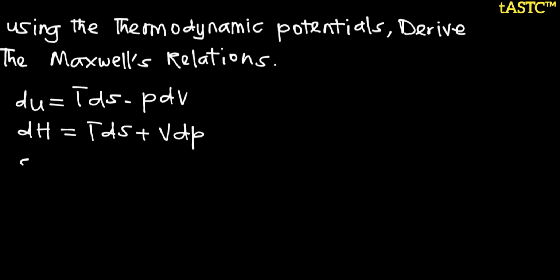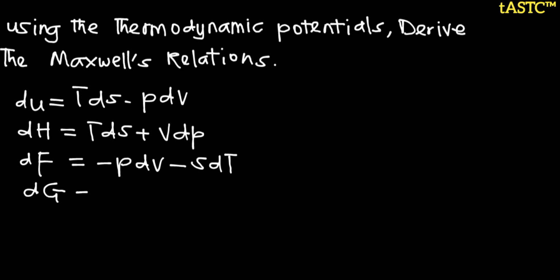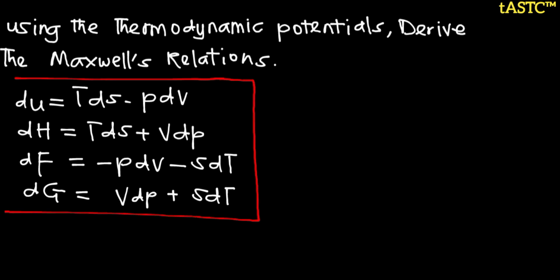And the third one is a change in the Helmholtz function, that is minus PdV minus SdT. And the fourth one is a change in the Gibbs free energy. That will be VdP minus SdT. So this is the first group of equations that you would actually need to derive the Maxwell's relations.